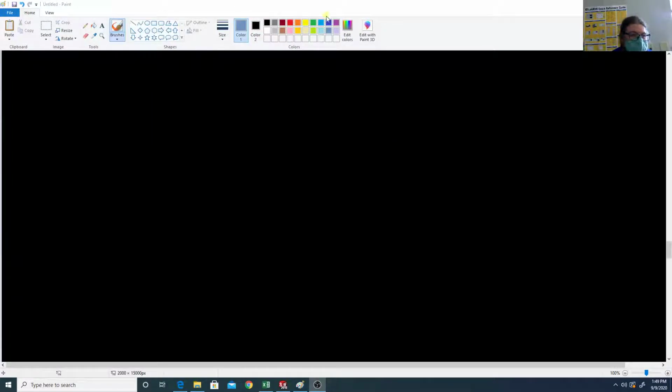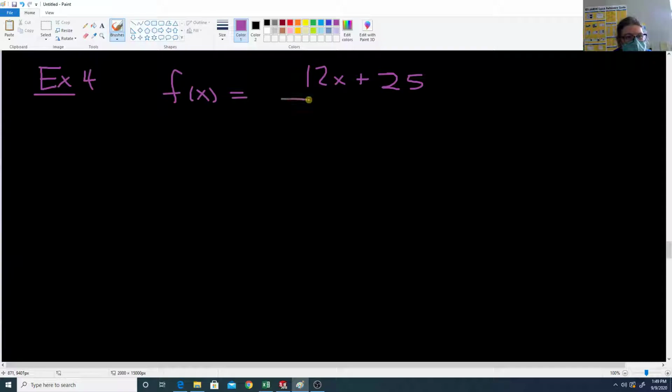Okay, our last example that we're going to take a look at from this section is going to be example 4. They give us the function f of x equals 12x plus 25, all over the square root of 16x squared plus 100x plus 500.